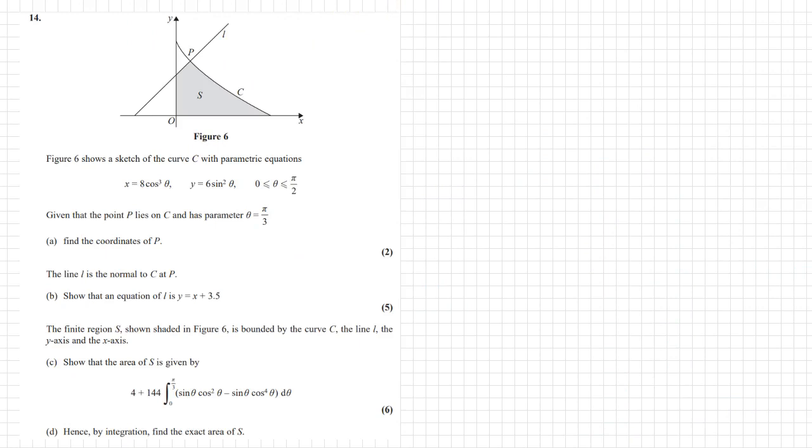Question number 14, part A. There is a parametric equation x is equal to 8 cos cube theta and y is equal to 6 sin square theta.